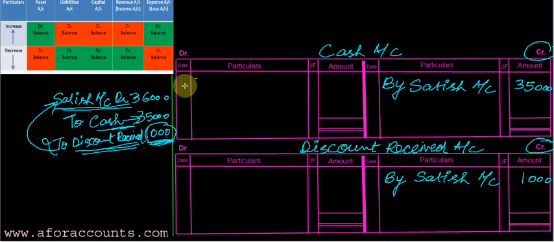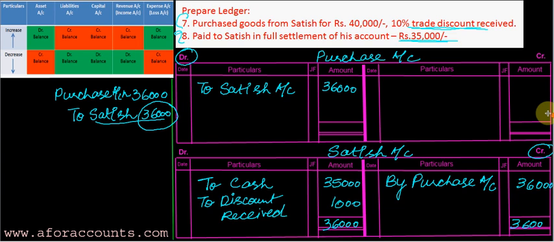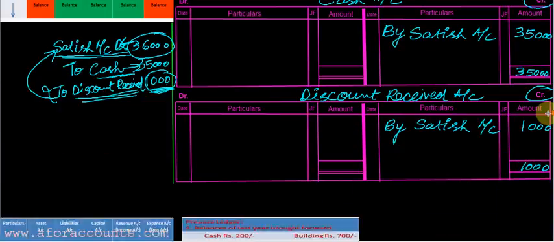Don't write the full 36,000 because this amount pertains to Satish, not to discount. Okay. So now we have this purchase account, Satish account, cash account and discount received account.